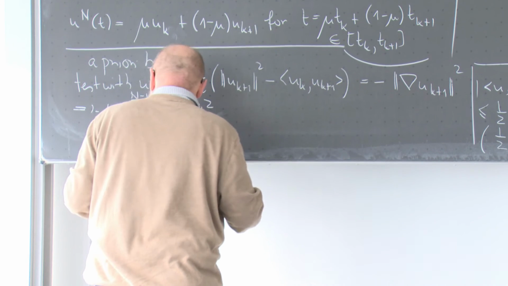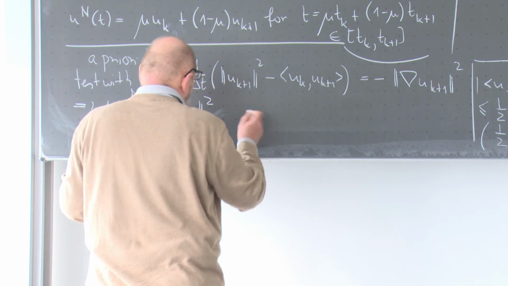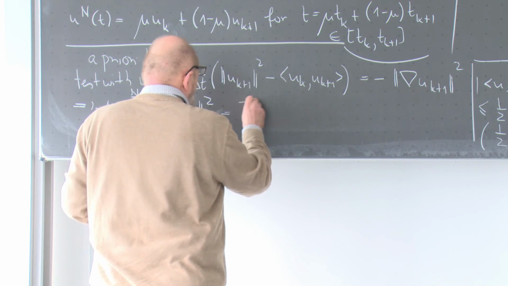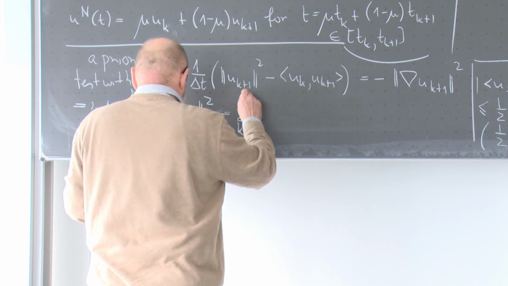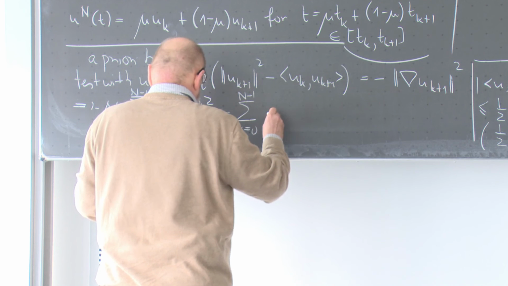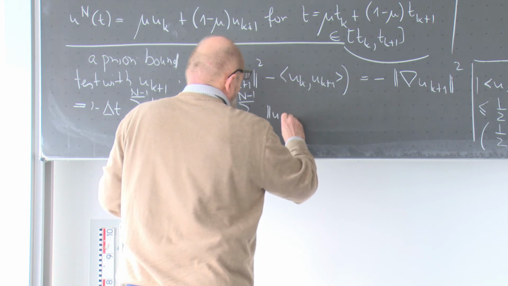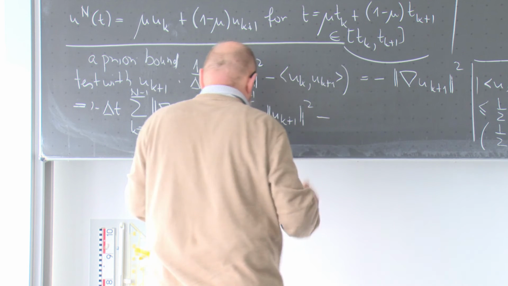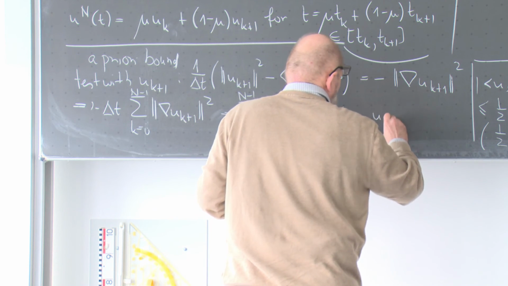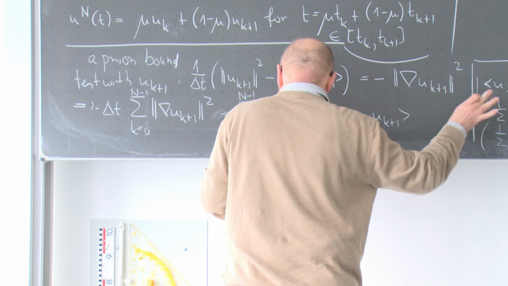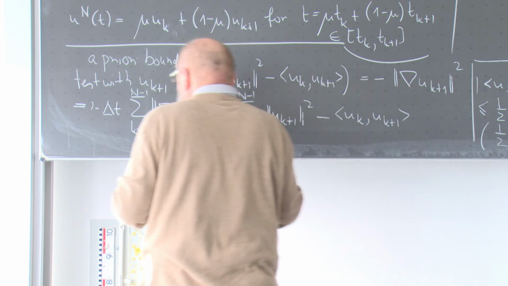Maybe I do it in one step. Or let's do it in two steps. Then we have this sum of the L2 norms. And then we have this mixed term with the minus sign. And this we estimate from below, and that is sufficient here to take this 1/2 situation.